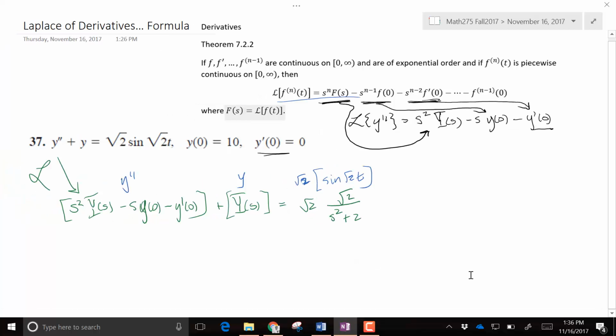So now we're in the Laplace world doing algebra. Let's do some algebra. We got s squared y of s minus, now y of 0 is 10, so I'll put 10s here, and y prime of 0 is 0.